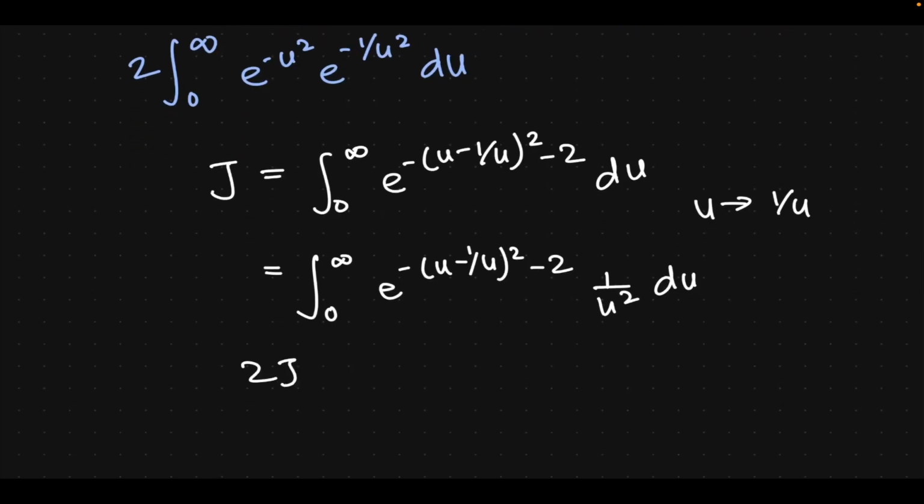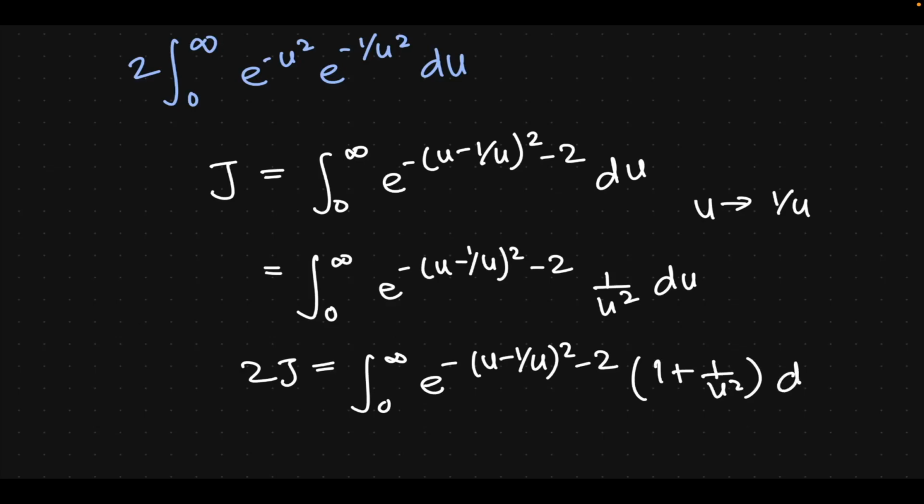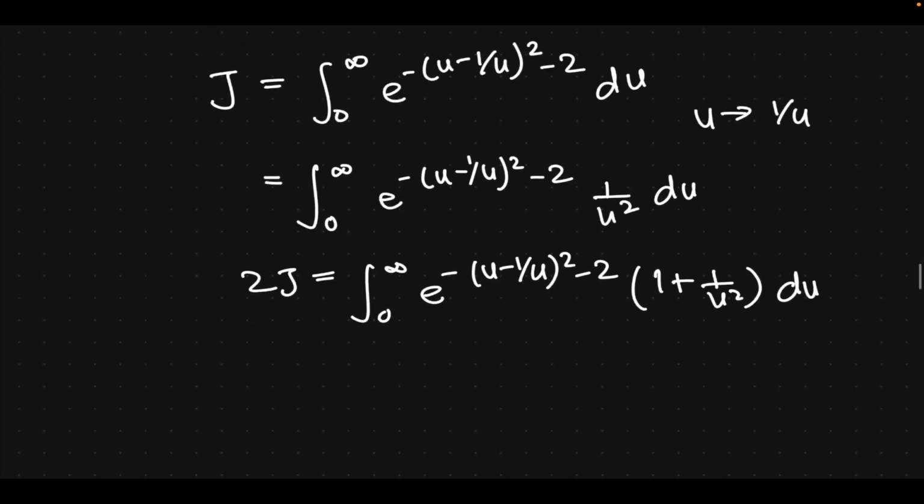So we add both of them up. 2J is the integral from 0 to infinity of e to the minus (u minus 1 over u) whole squared minus 2, times (1 plus 1 over u squared), du. And this is nice because if we set this to some variable y, this is dy. So y is u minus 1 over u, so dy is 1 plus 1 over u squared.